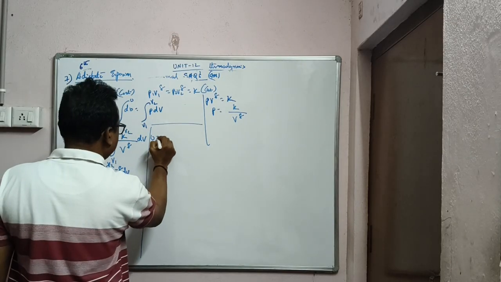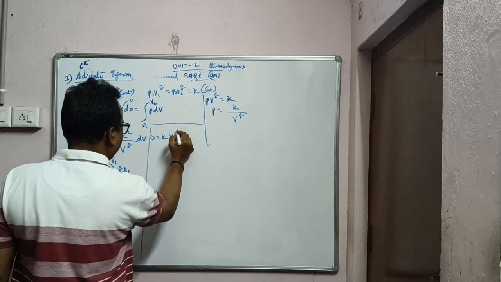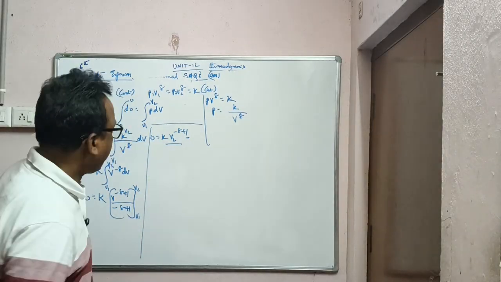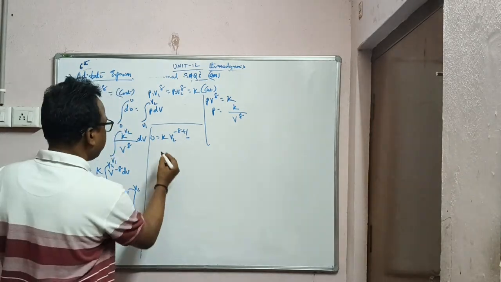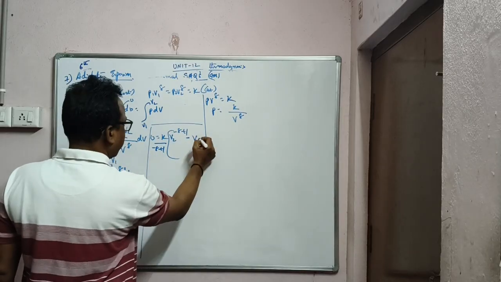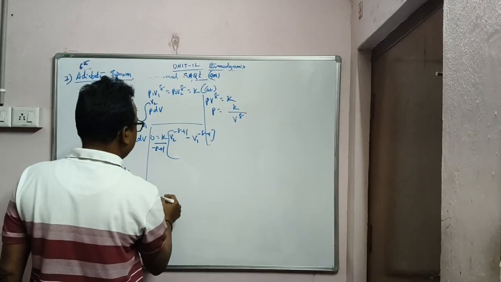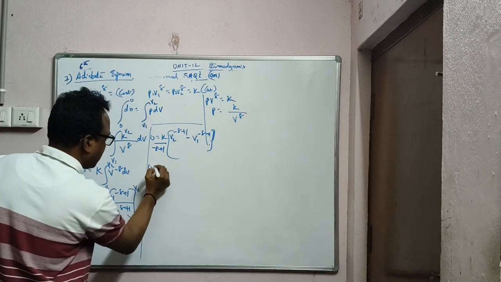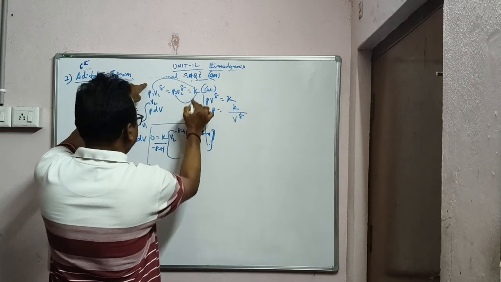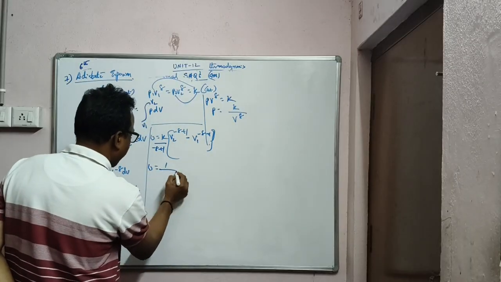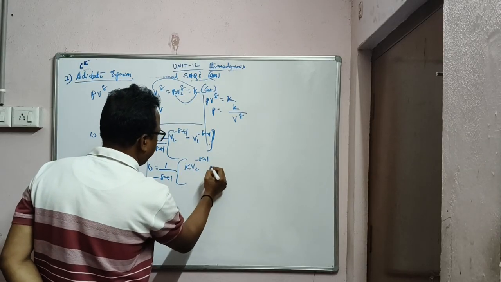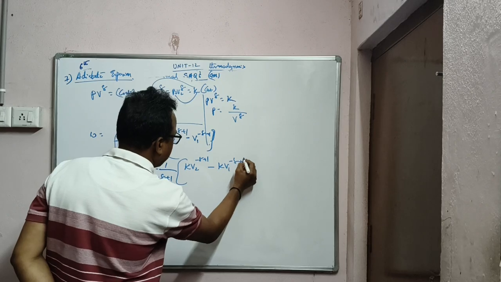First the upper limit: V2 to the power of minus gamma plus 1, minus the lower limit. The denominator is common, so take it outside, that is K by minus gamma plus 1. The lower limit is V1 to the power of minus gamma plus 1. Now take K inside and put the value: 1 by minus gamma plus 1 into K V2 to the power minus gamma plus 1 minus K V1 to the power minus gamma plus 1.